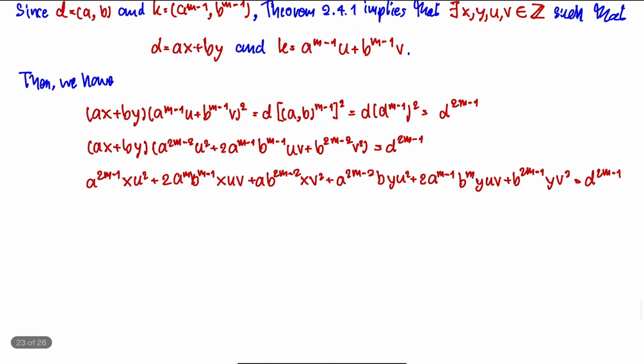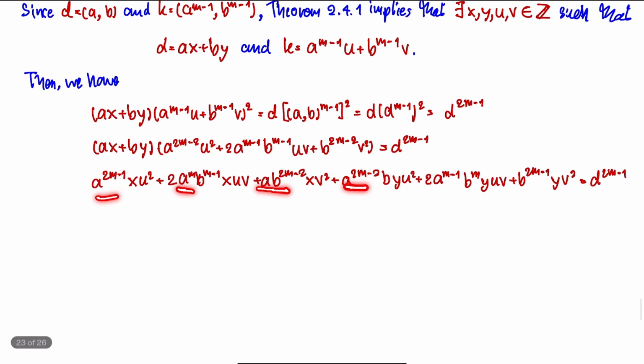And as we can see, all these terms have a factor of a to the m or b to the m. Now take a look at this term right here. It has a factor of a to the m, right?